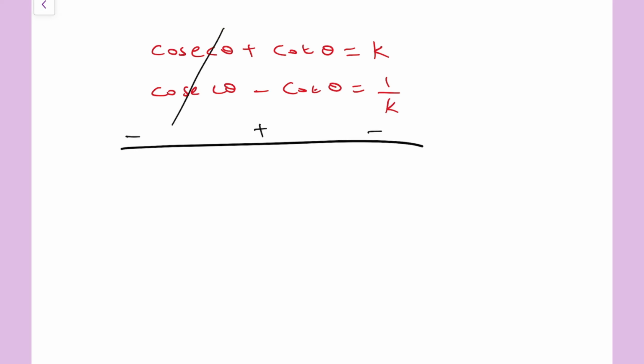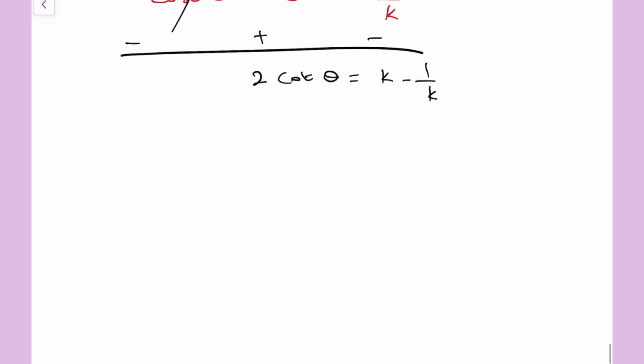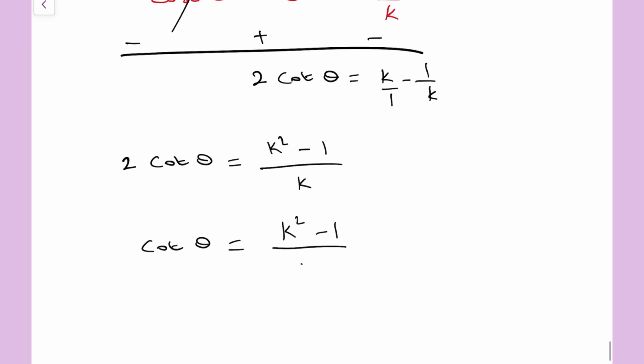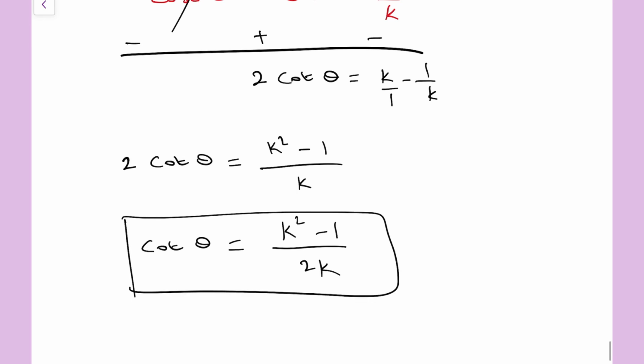Cosec theta minus cosec theta cancels. Cot theta plus cot theta is 2 cot theta, equals k minus 1 by k. Writing k as k by 1, I get 2 cot theta equals k square minus 1 divided by k. Take 2 to the right side, so we get cot theta equals k square minus 1 by 2k.